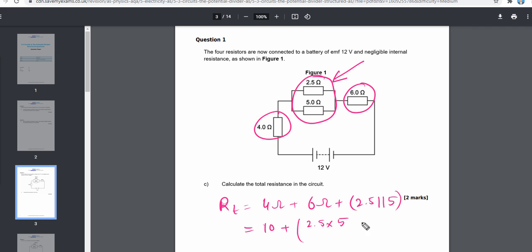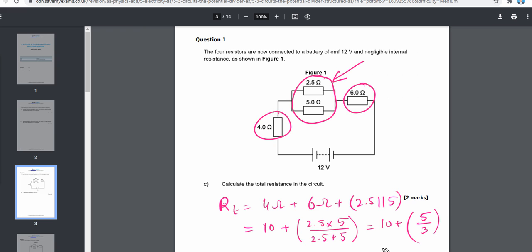So it's 2.5 times 5 divided by 2.5 plus 5. That will be equal to 5 over 3.